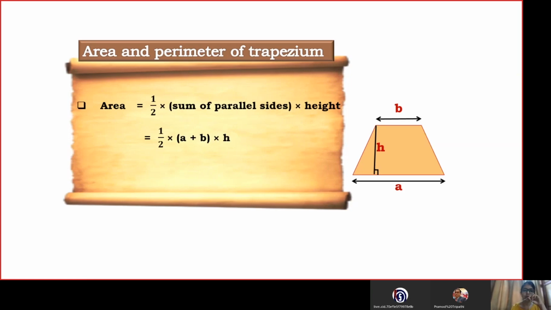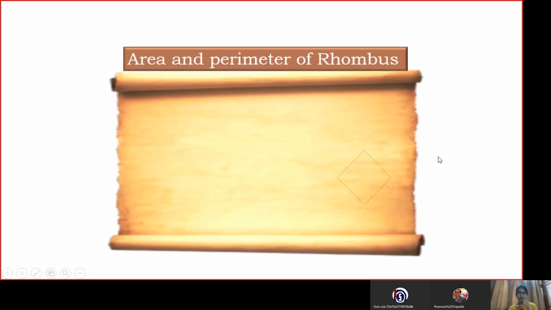Okay. Moving forward. The perimeter of a trapezium is given by sum of all sides. Next, area and perimeter of a rhombus. A rhombus is a quadrilateral in which all four sides are equal. If you look into a rhombus, we have two diagonals.